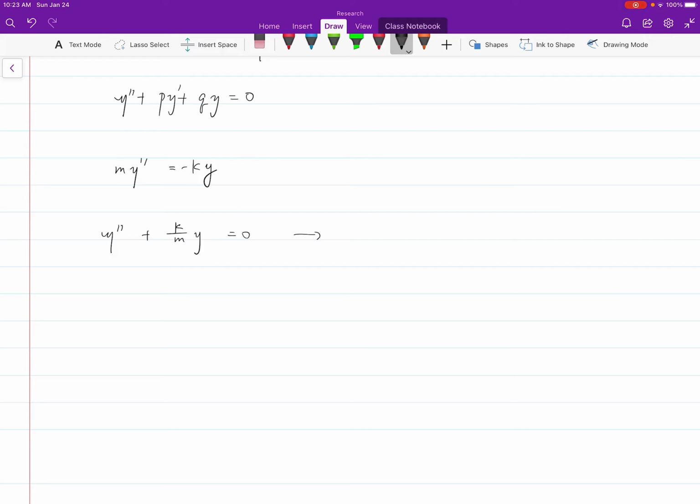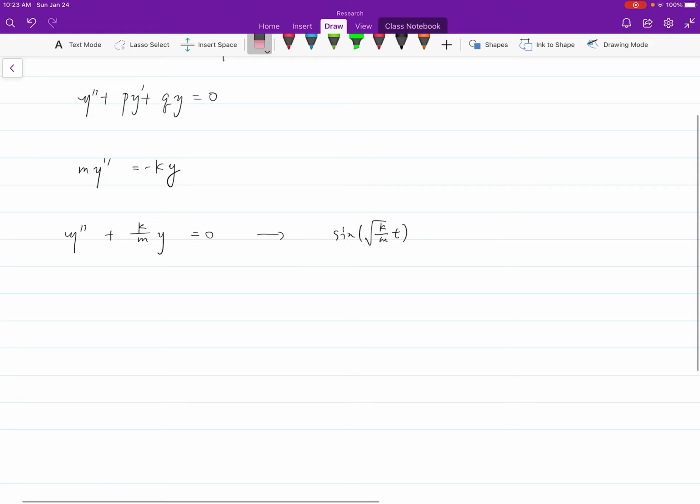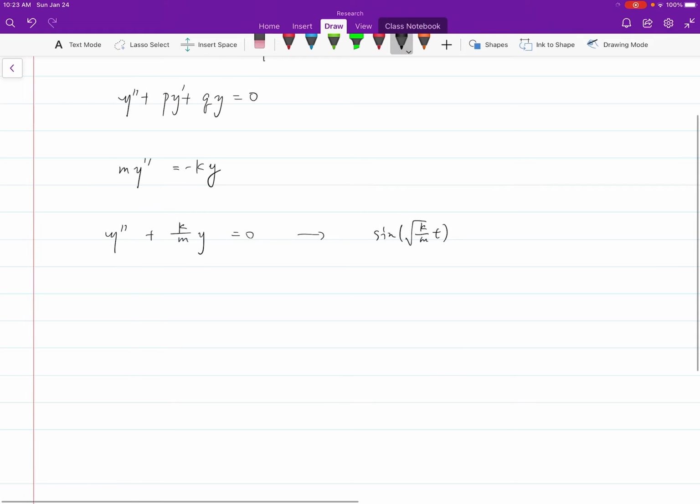So after that, our solution is going to be sine and cosine, and any possible linear combinations, of course. But the two basic solutions we have, the basis, are going to be sine and cosine.